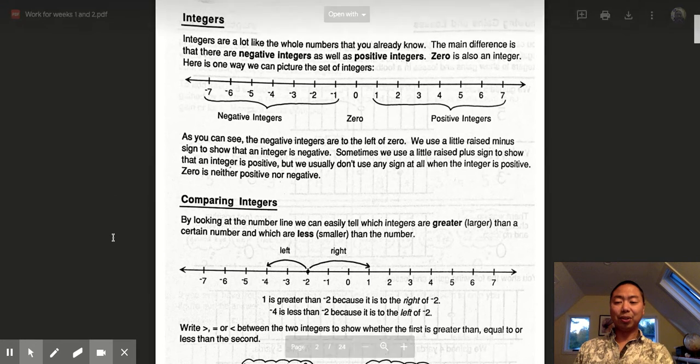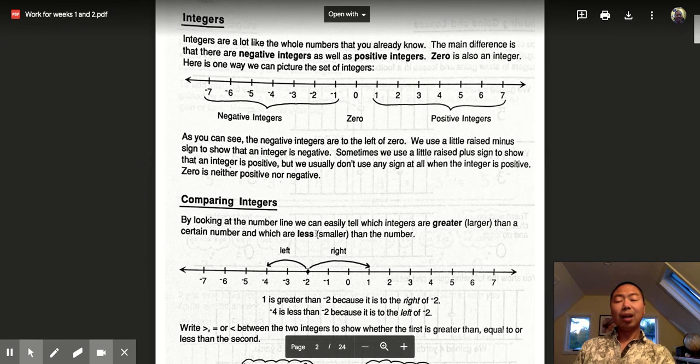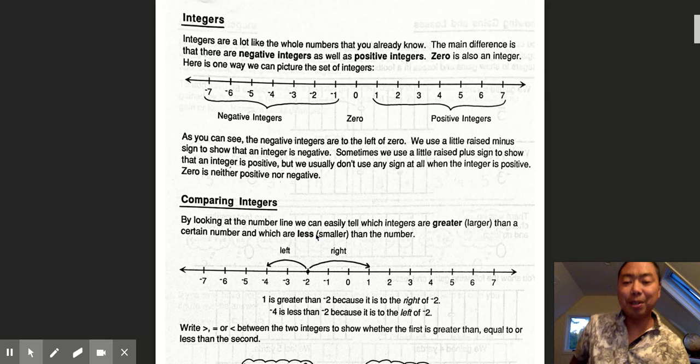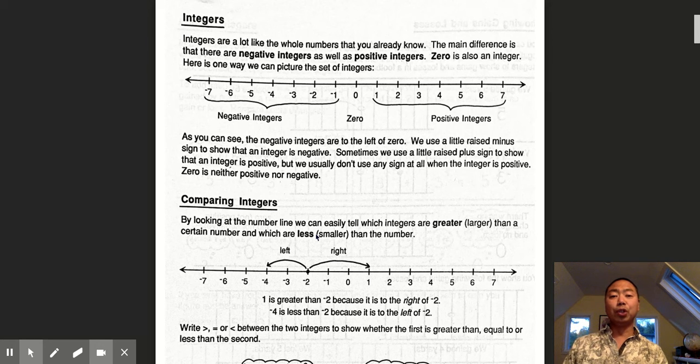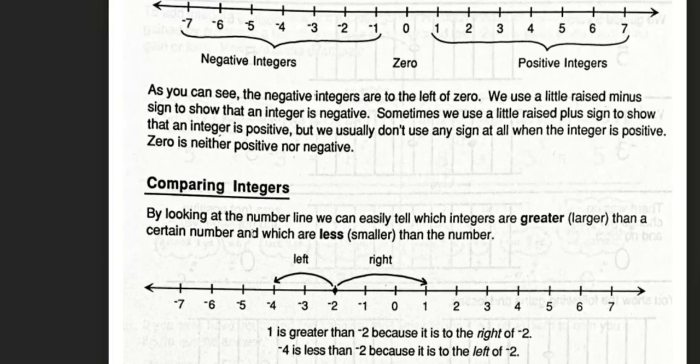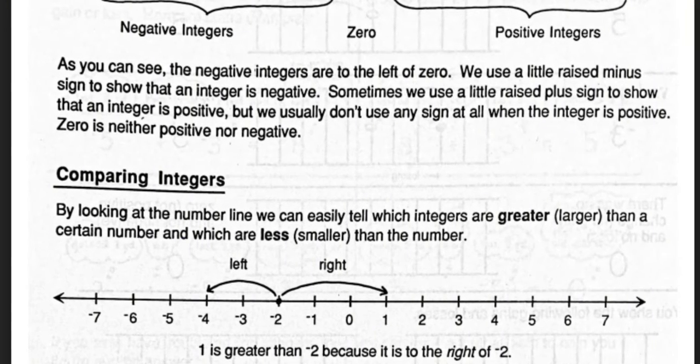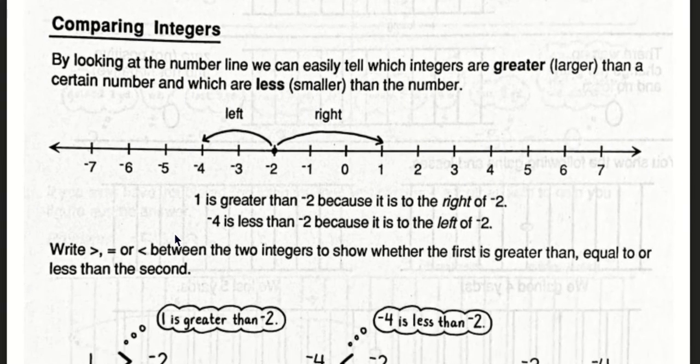Okay, so let's shrink that back. In this assignment, all we're going to do is compare integers, okay? Which one's bigger and which one's smaller. That's it. And when you look at any two numbers, the number to the right side is bigger than the number to the left.